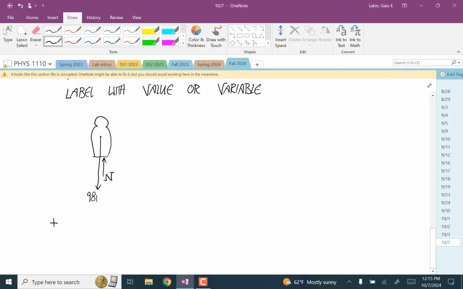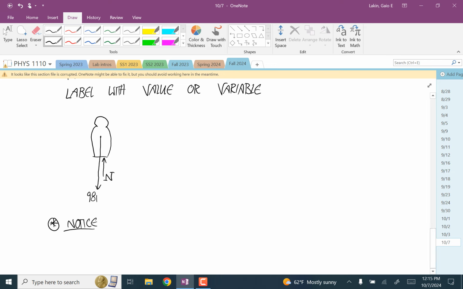And the benefit of the free body diagram, so this is something I want you to notice, is once you have a free body diagram, it shows you what the force vectors are for every force on the body. And Newton's second law says you add up all the forces on the body, that's equal to the mass times the acceleration.